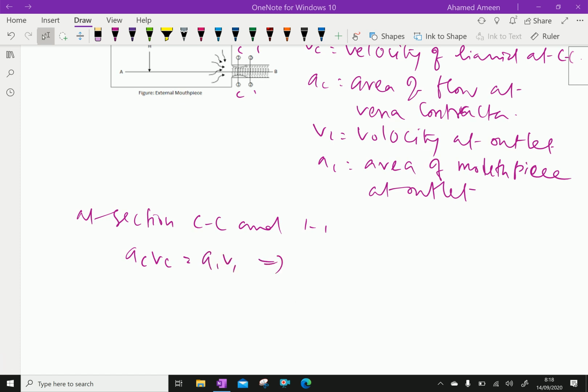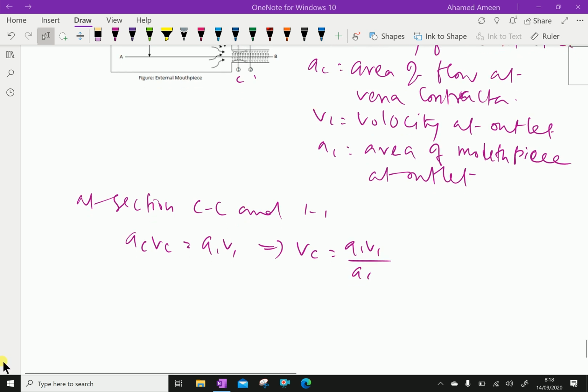From that, Vc equal A1 V1 by Ac, which is V1 over Ac over A1.